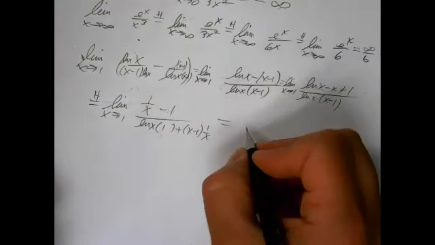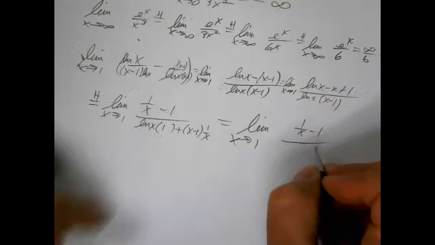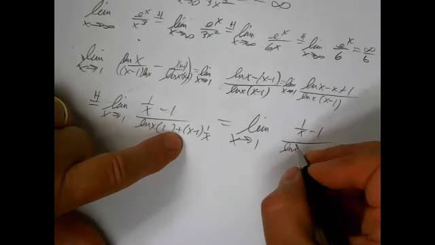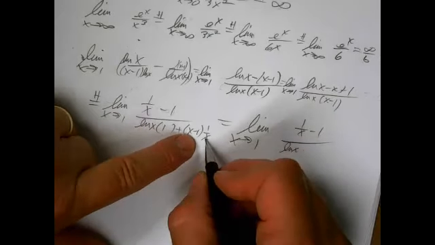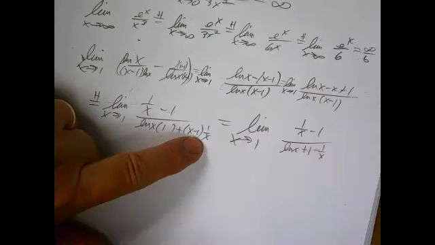Doing a little bit of algebraic simplification, this is the limit as x approaches 1, 1 over x minus 1. This is a natural log of an x. This x right here, when you multiply, will cancel. And then you got a minus 1 over x right there.